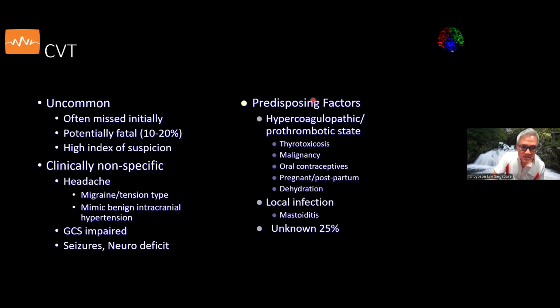We very often see these patients in individuals who are either pregnant, postpartum, or have been taking oral contraceptives, or are dehydrated, or suffering from a prothrombotic state such as malignancy or thyrotoxicosis.